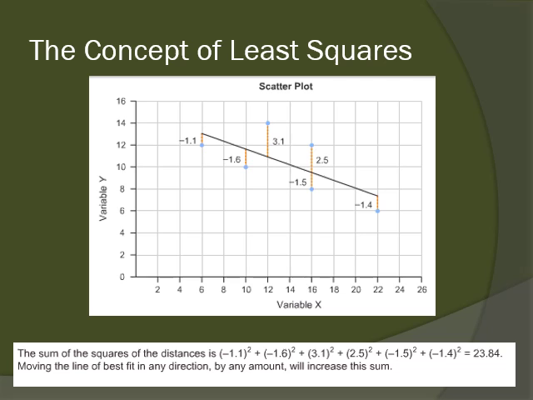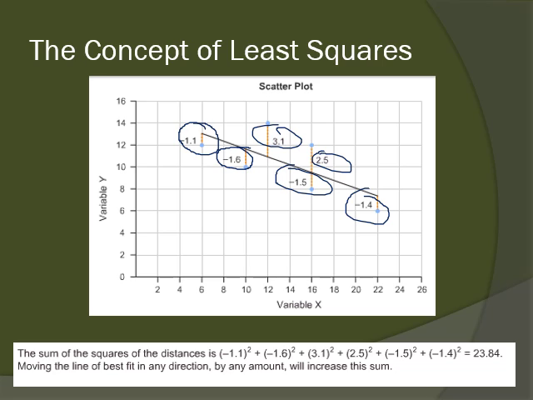In this case, you'd see this point is 1.1 below the line, this is 1.6 below the line, 1.5 below the line, 1.4 below the line, and then our two that are above. You might be thinking, oh, there's 4 below and 2 above, that doesn't work. Well, it actually does work. You want to balance it, but it's not necessarily about getting 3 above and 3 below. Since there are 6 points, you are looking for those squared values to be as little as possible.